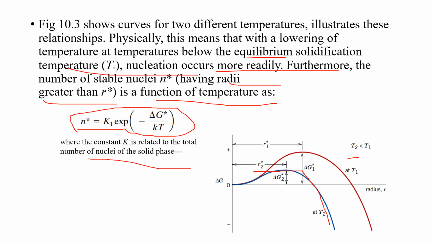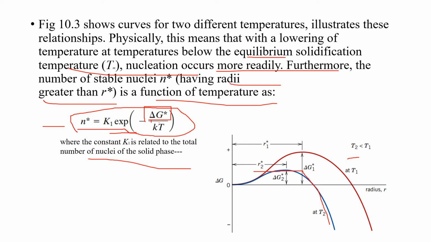We have already explained the exponential behavior of this equation, n star equals K1 exponential of minus delta G star over kT. Changes in temperature have a greater effect on the magnitude of the critical free energy delta G star in the exponential term than the temperature T term in the denominator.